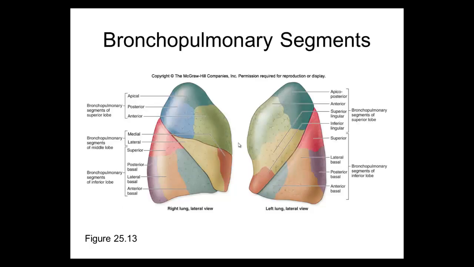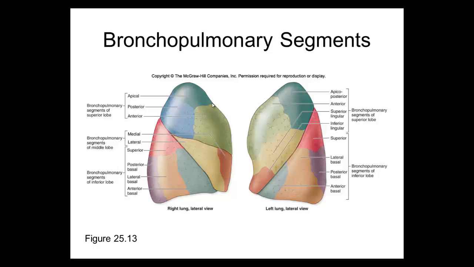Interestingly, as the bronchial branches are dividing further and further, they're accompanied by their own blood supply, and so each is becoming almost autonomous, sort of like the states here in the US, that they have their self-rule.